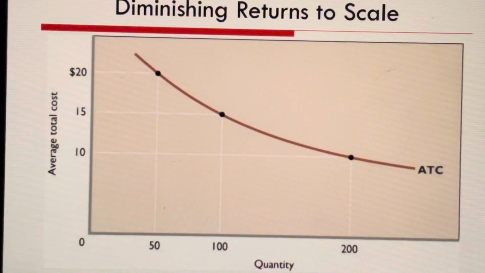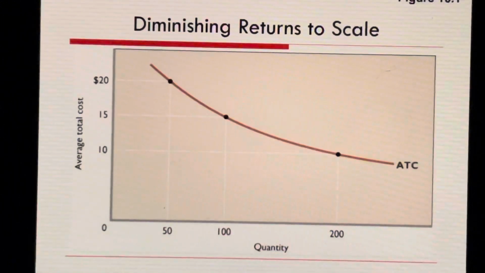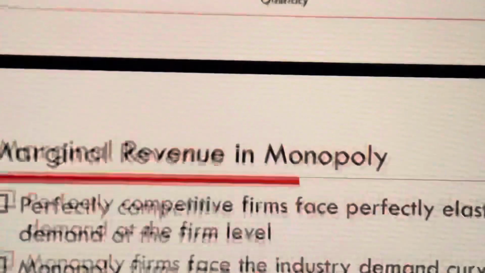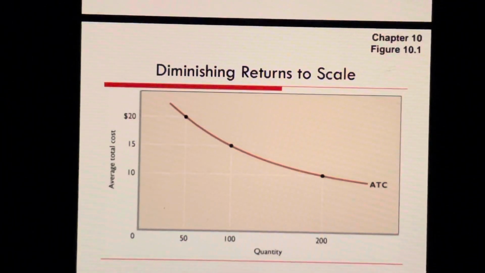So it's a gap of the market: when more units are wanted, the amount per unit will be lesser. So it basically shows the diminishing returns to scale.